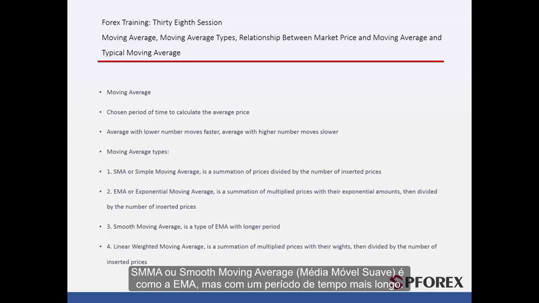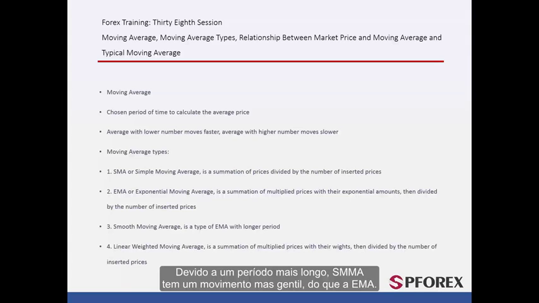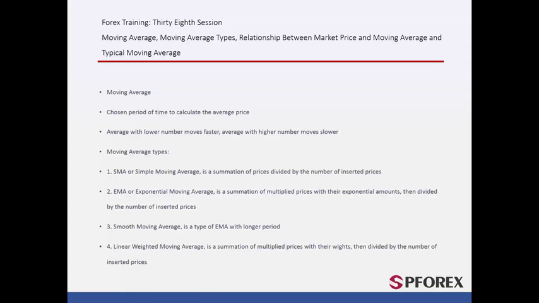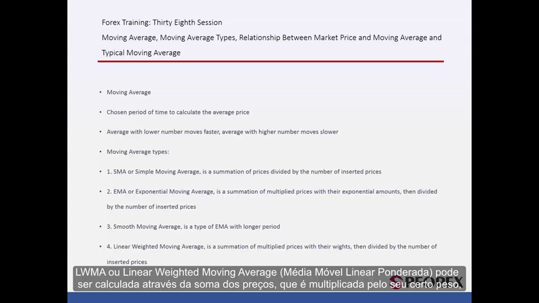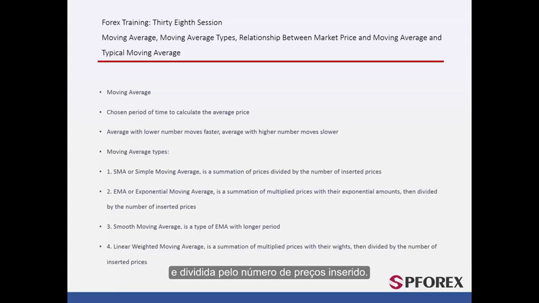SMMA, or smooth moving average, is like EMA, but with a longer period of time. Due to a longer period, SMMA has more gentle movement than the EMA. LWMA, or linear weighted moving average, can be calculated through the summation of prices, which is multiplied by its certain weight, then divided by the number of prices inserted.